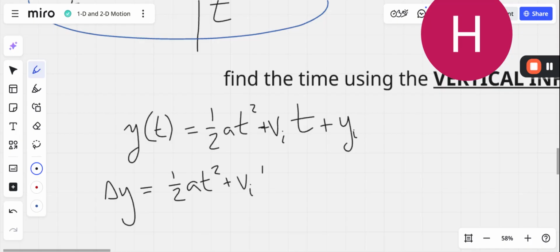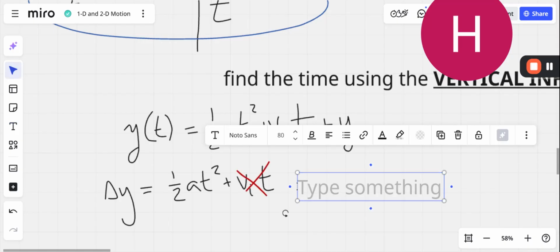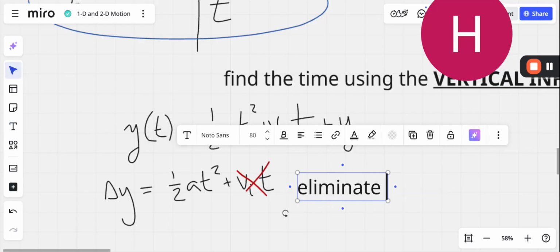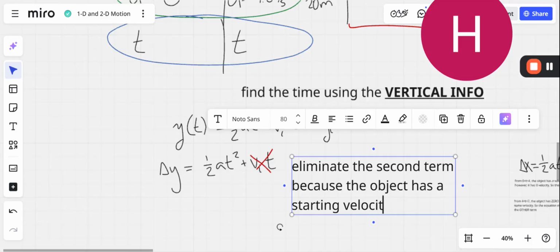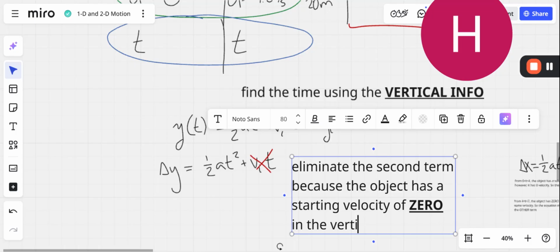And I'm going to show you that in the vertical direction, whenever something is thrown horizontally, we conveniently are able to eliminate the second term because the object has a starting velocity of 0 in the vertical direction.